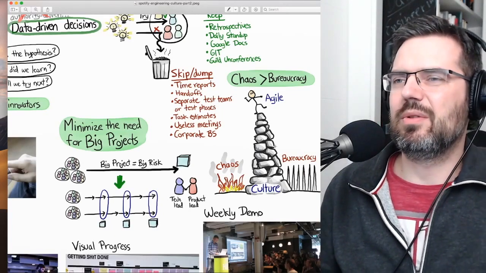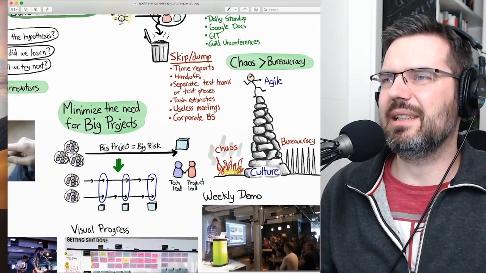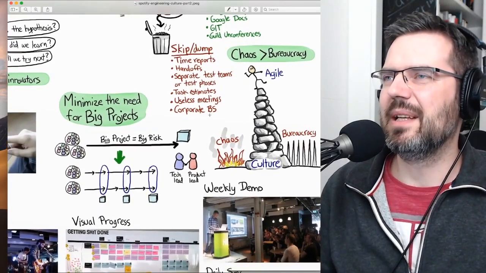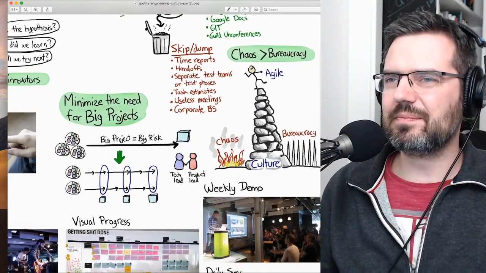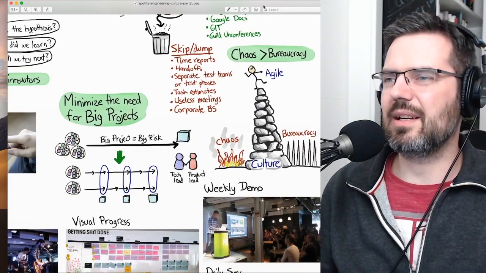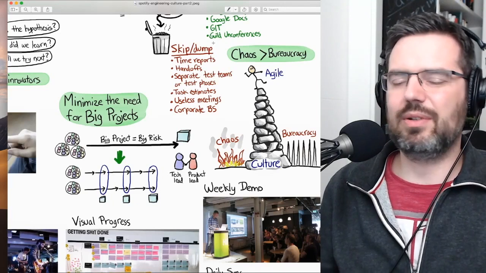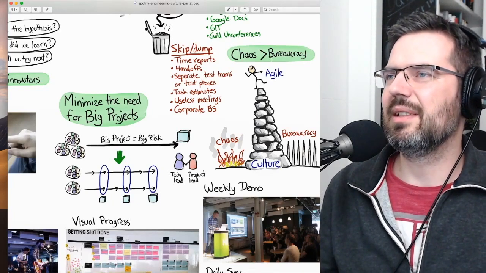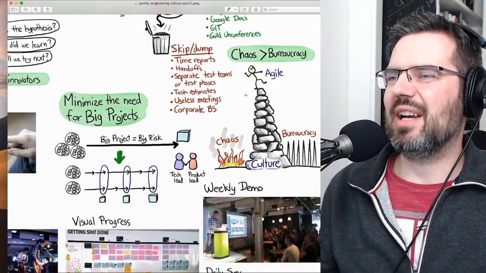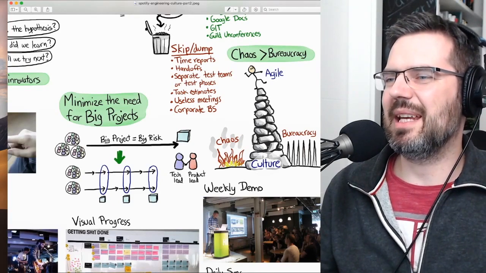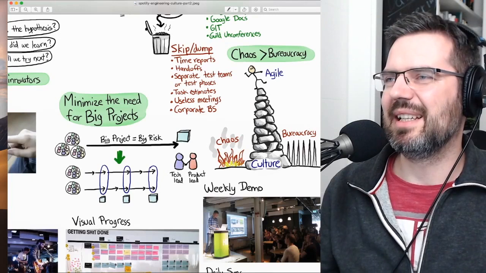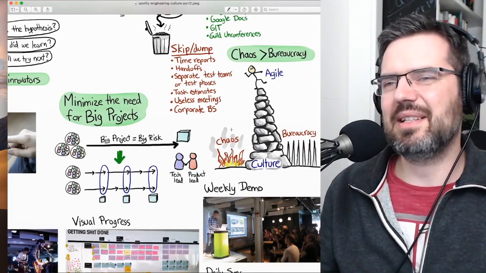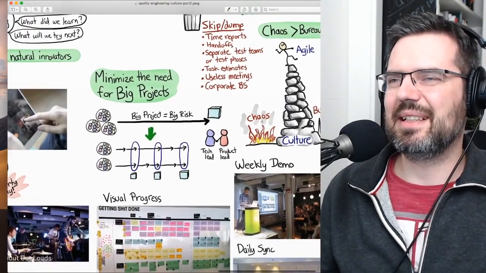So you already save half an hour, and usually you don't need that much time, because then the discussions start, and if you're short on time, then you can focus on the main stuff. Agile is the balance between chaos and bureaucracy, and you have the culture that is keeping this alive.